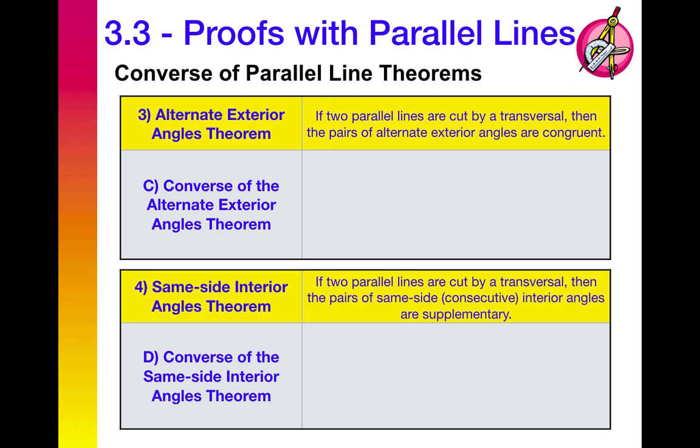So you could say that if we have two coplanar lines cut by a transversal and the alternate exterior angles are congruent, then the lines are parallel. We'll do the same thing with the same side interior, except that in this case, instead of saying that the angles are congruent, we're going to say the angles are supplementary. So I'll have you write those two out yourself, and then we will continue.